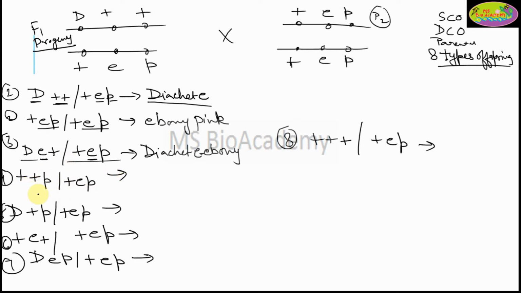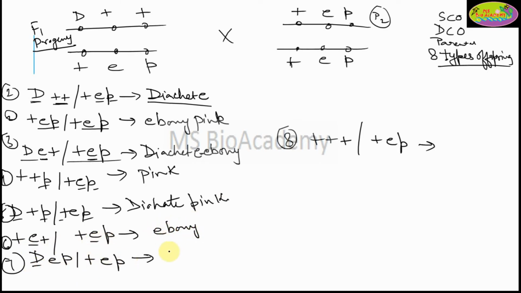Now here since D is not present, there is no dicheat. E is present only in a single copy, but P is present in 2, so only pink will be the phenotype. Then again here D is present, so dicheat will be there. Then P and P, so pink will be there, no ebony, right? Again here E and E, ebony will be present but no dicheat and pink.